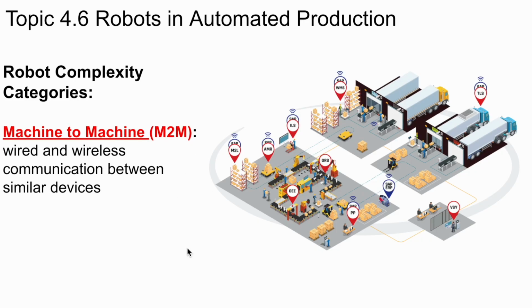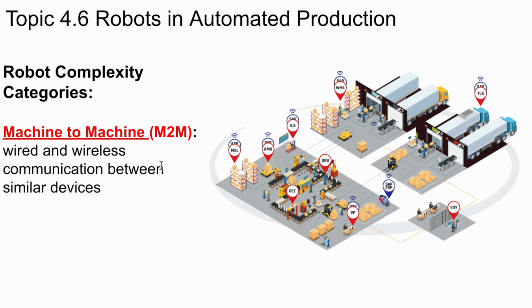We also have machine to machine, so M2M, and these are wired and wireless communication between similar devices. So this is actually very interesting. It's a lot of robots that are communicating with each other in a space. And so it's something that you want to pay attention to. There's quite a few times on tests that machine to machine comes up.